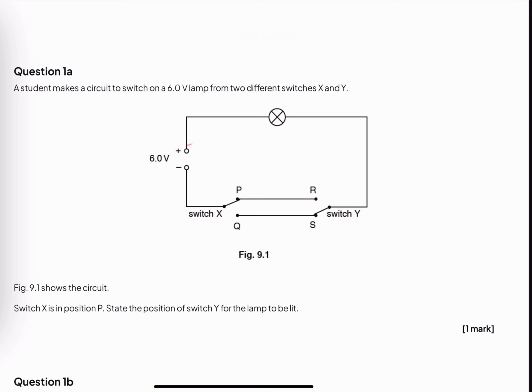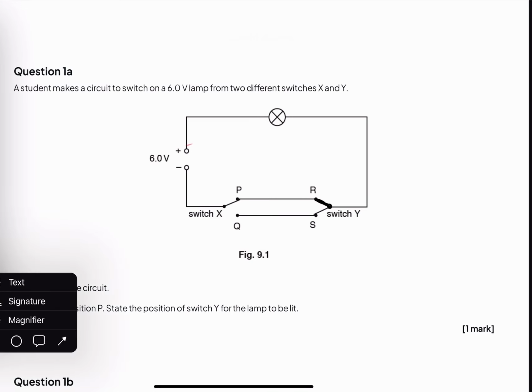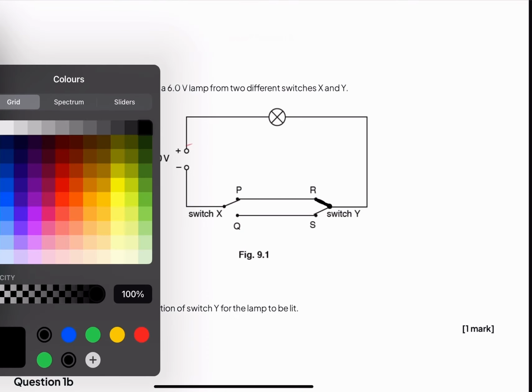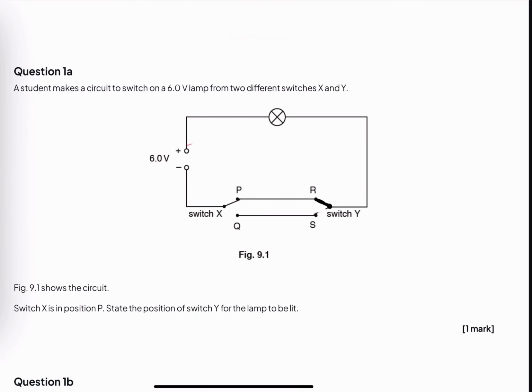The switch should be at this point, and it will be disconnected from this position. So the current will start flowing from the positive terminal, reach this point, pass through the battery all the way, move through this, and reach there. So it will complete a path.